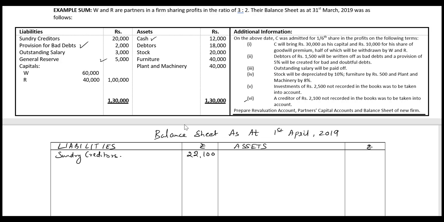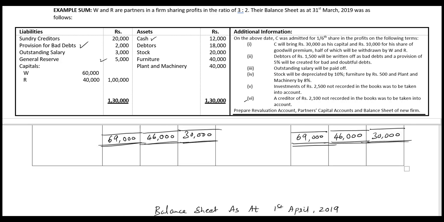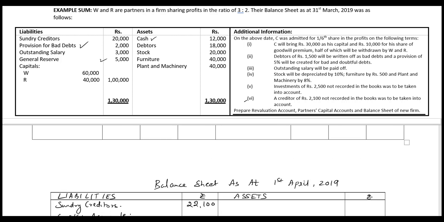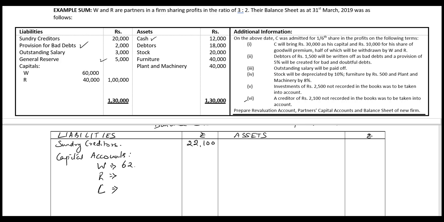We'll insert the capital accounts of the partners: W, R and C. The capital balances are 62,625, 41,750, and for the new partner C, it's 30,000 rupees.